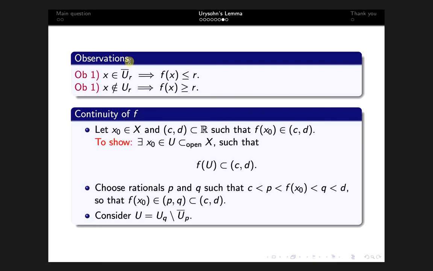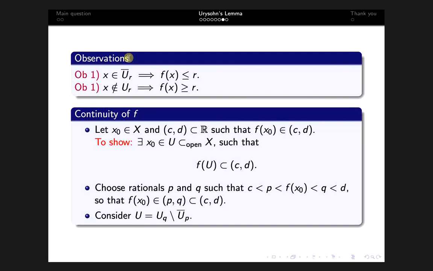So every rational R prime greater than R should also be in Q of x.